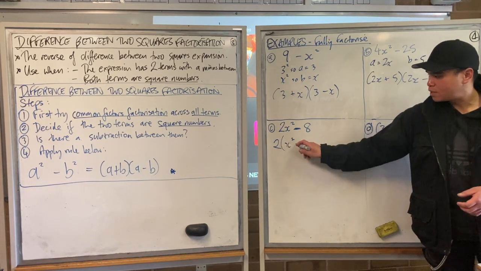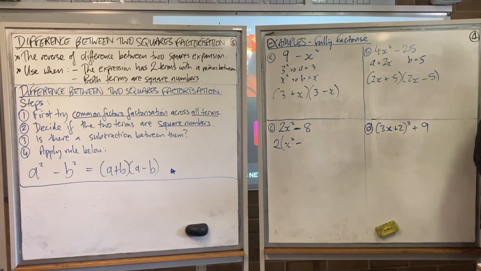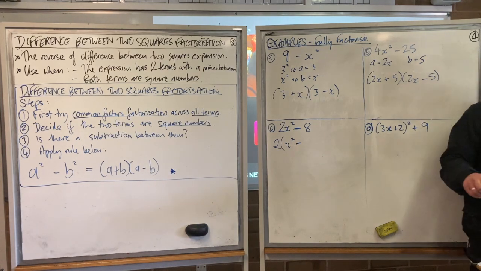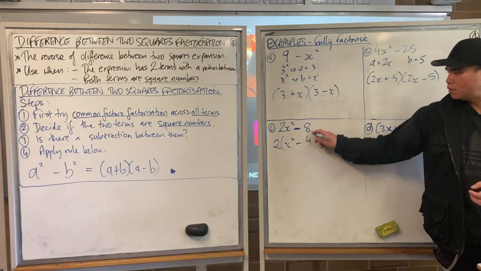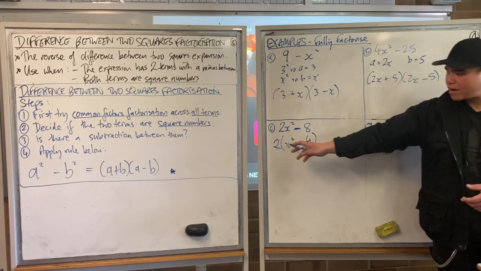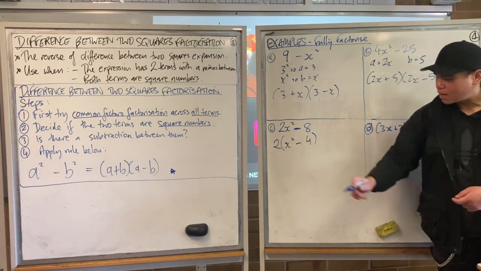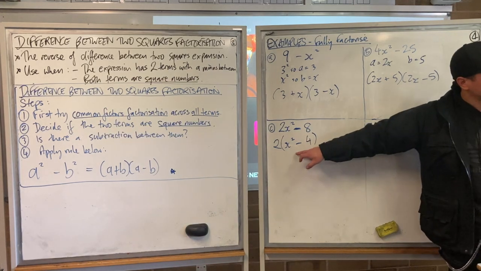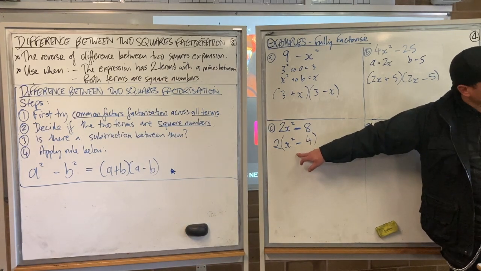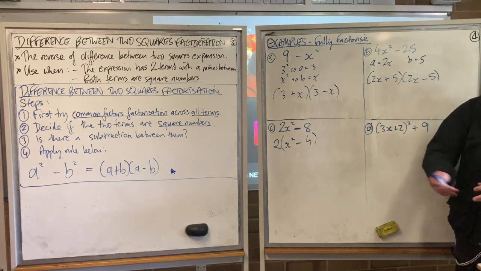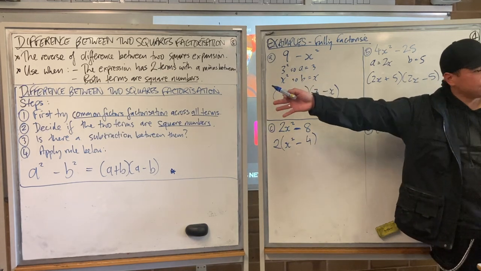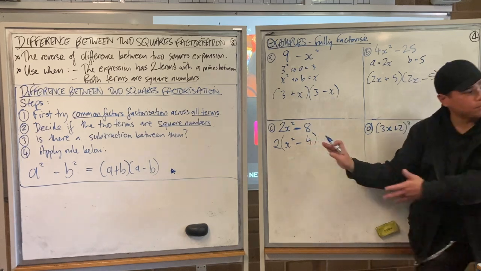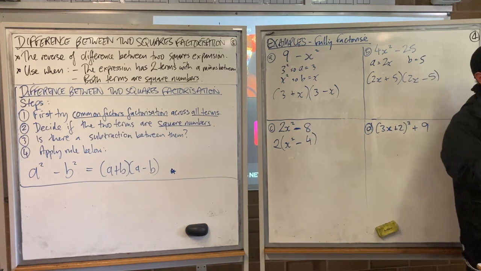So if you remove 2 from both, what's going to be left? X squared take, what's 8 divided by 2? What do I times 2 by to get 8? 4. So you've removed 2 as a factor and you've got this thing in brackets, x squared take 4. Are there 2 terms in the brackets? Are they both square numbers? Yes. Can I apply this difference between 2 squares on this bit and then leave the 2 on the outside?